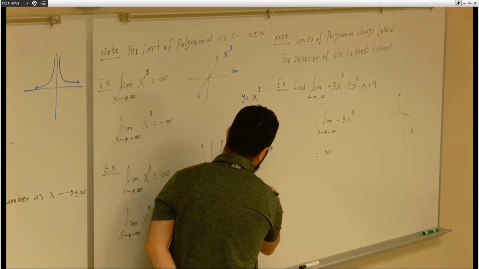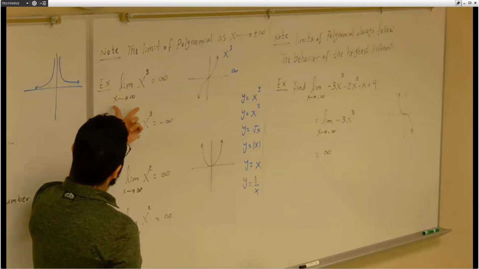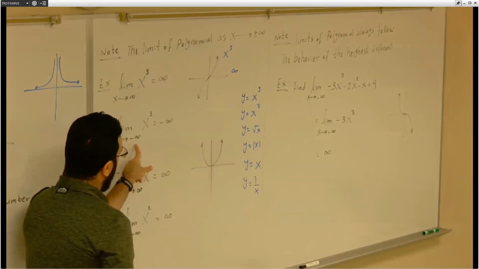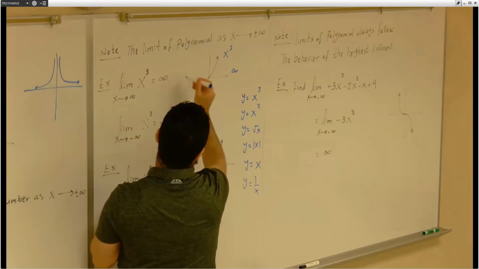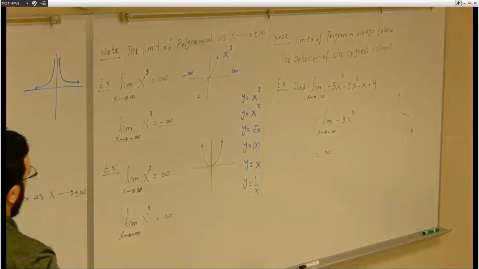If you know the graphs of these basic functions, you can imagine the limit. So the limit as x approaches infinity of x cubed on this side is infinity. What about if x approaches negative infinity? The other side here is negative infinity; you see the graph going down, so it's negative infinity.